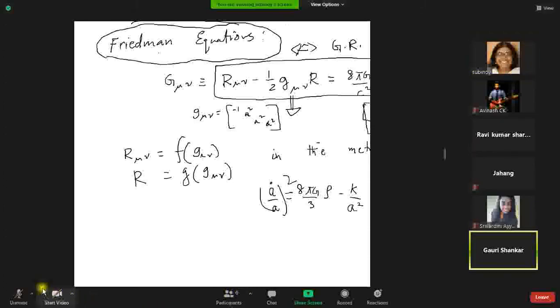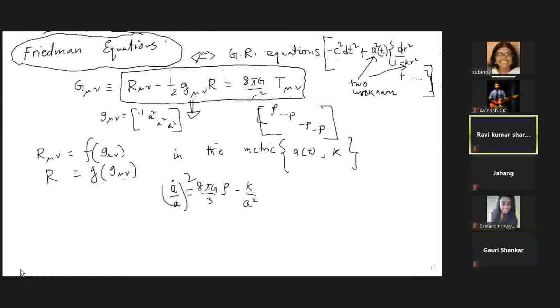Yes, sir. So this is the first Friedmann equation. A dot by A square is 8 pi G rho. So see, the rho is coming from the right side, and A dot is coming from A dot. Actually, you can write it like this.